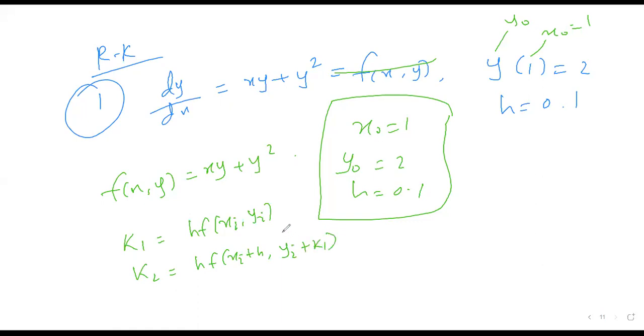You may remember in our fourth order, the first one and the last one are the second order's first one and second one. Here we have to use k1; there you have to use k4. You may notice the similarities.